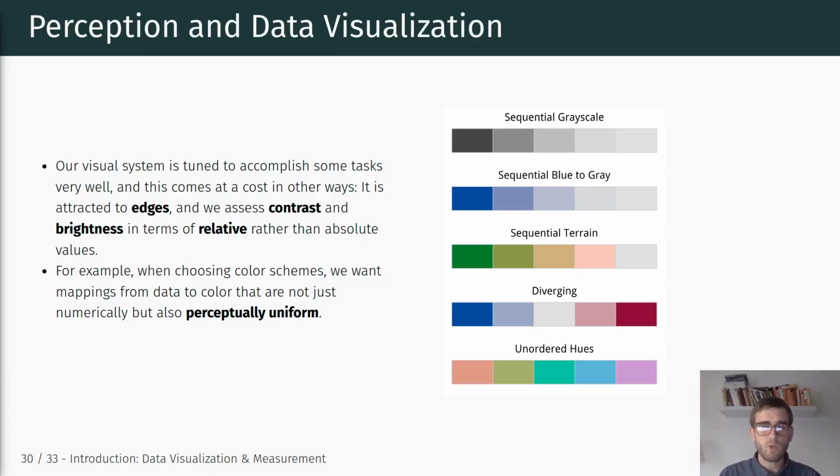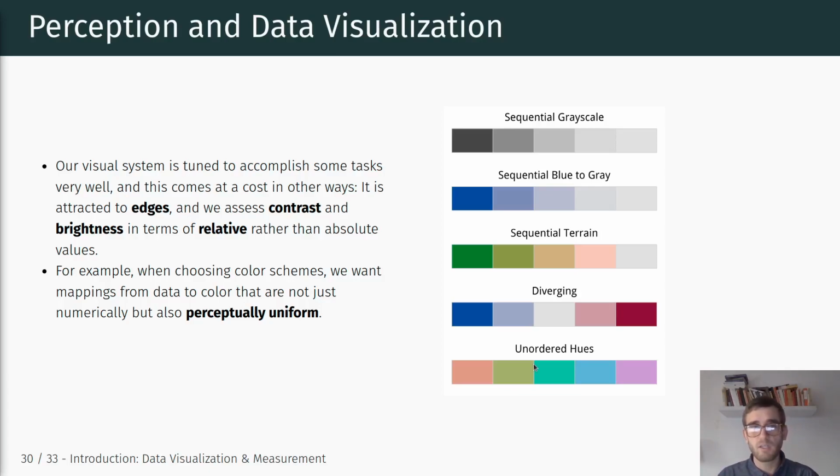Then we have the third one, which varies in brightness, intensity, and hue. And then we have diverging color schemes with two different endpoints and so on. The fifth, unordered hues, has just different types of colors, basically to distinguish unordered categories.